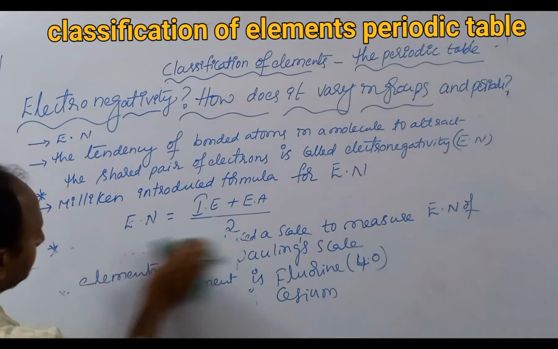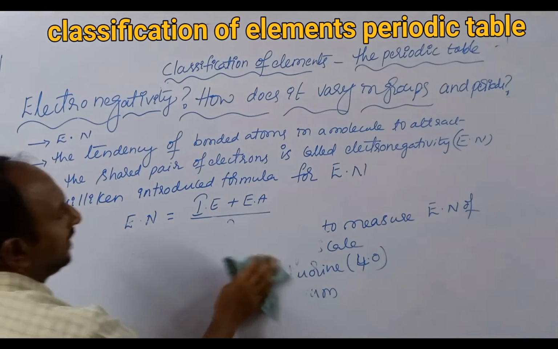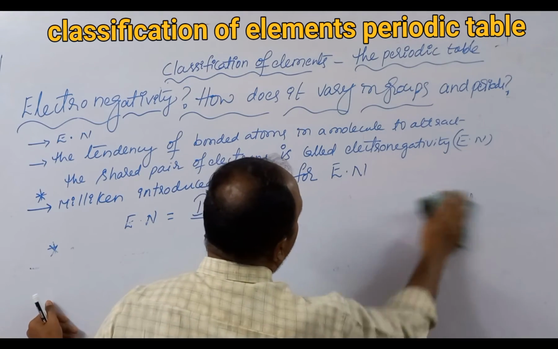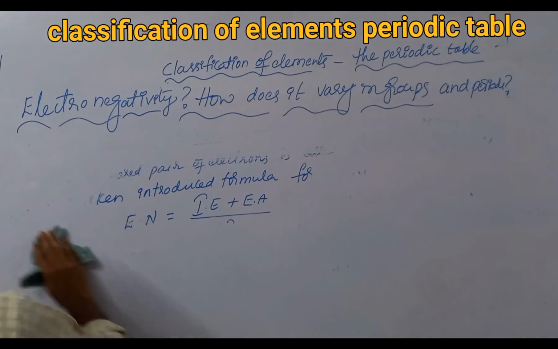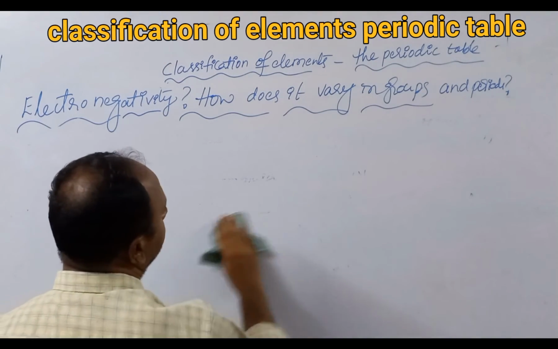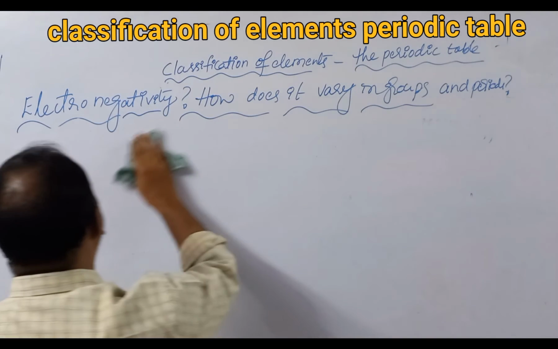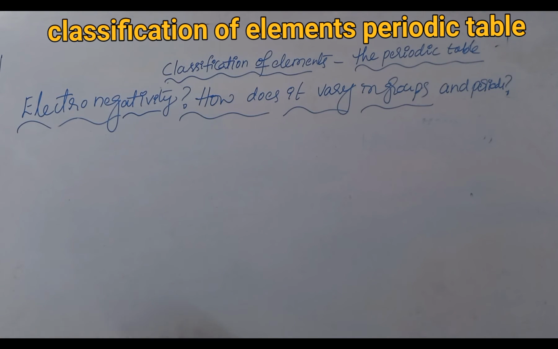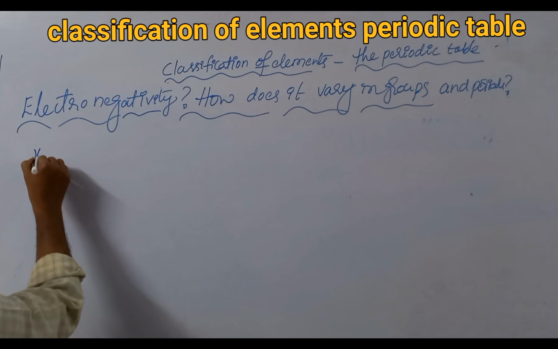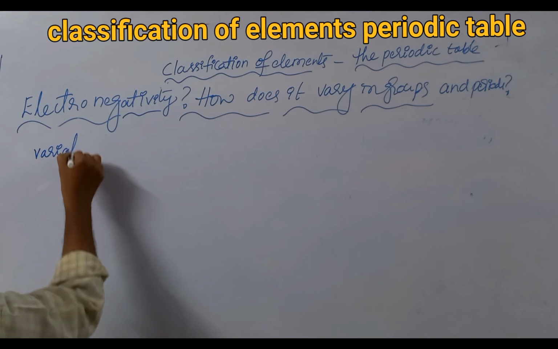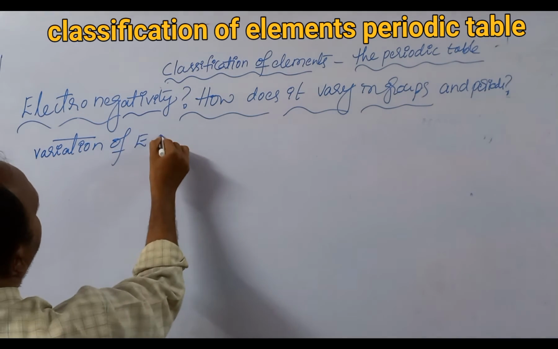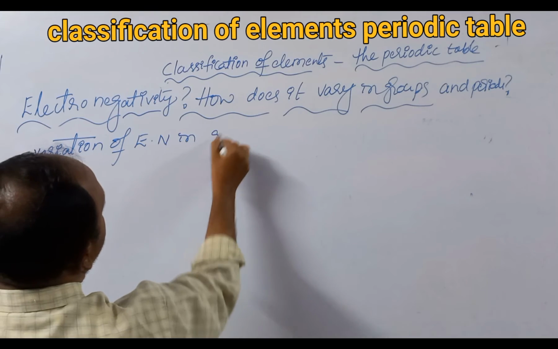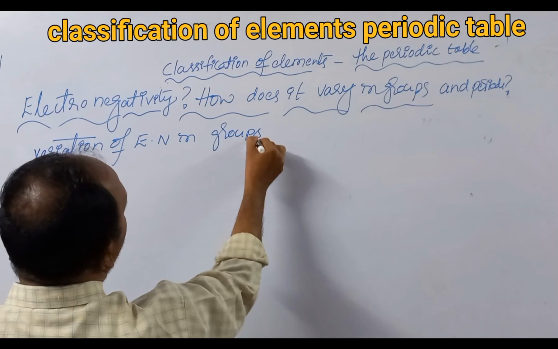Now, how does electronegativity vary in groups and periods? This is an important topic for the public examination, and from this you can also expect some short answer topics for 10th class physical science. So, the variation of electronegativity in groups in the modern periodic table.